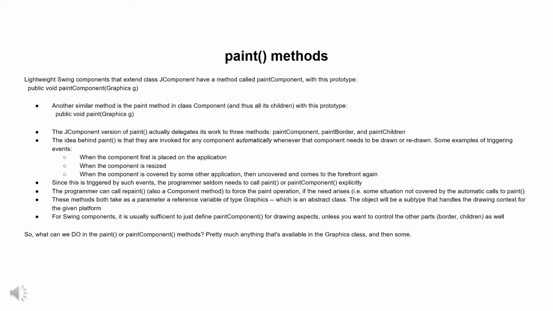The idea behind the paint methods is that they are invoked for any component automatically whenever that component needs to be drawn or redrawn. Some examples of triggering events are, for example, when the component is first placed on the application, when the component is resized, or when the component is covered by some other application.